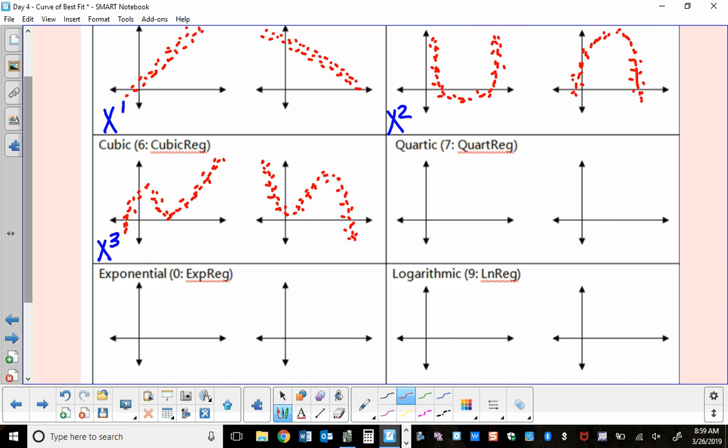For quartic, that's going to be x to the 4th power. What this looks like is basically either a W, this is actually the negative one, or it could look like an N.